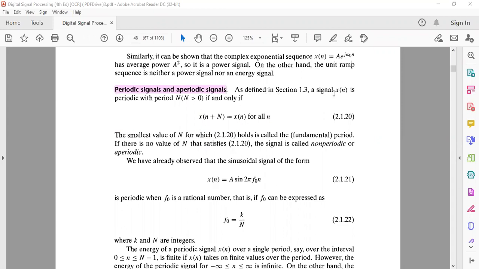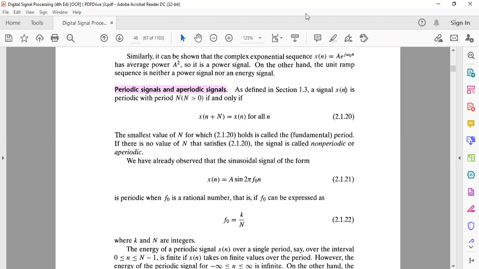So we are saying that a signal x[n] is periodic with a period N, where the period is greater than 0, if and only if x[n + N] = x[n]. Meaning that if you have a value at x[n], when n is increased by N, then the value is the same.